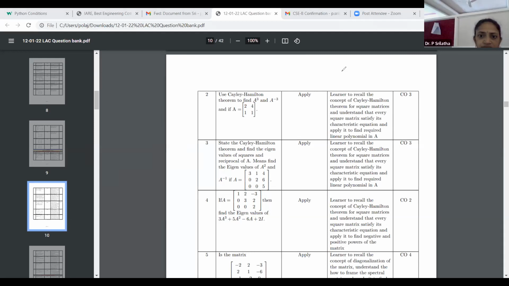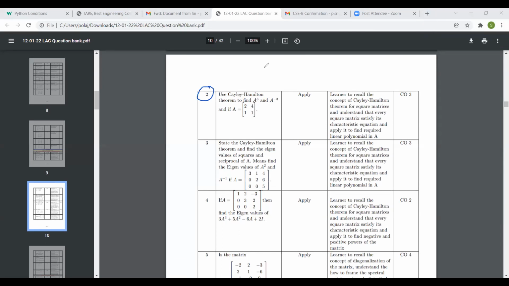Yes, ma'am. Is the question bank visible? Yes, ma'am. Okay. So use Cayley-Hamilton theorem. Find A cube minus A power minus 3 if A equals 2, 4, minus 1, 1.